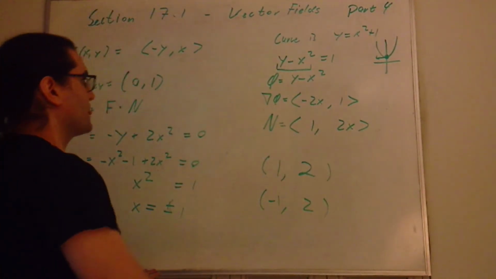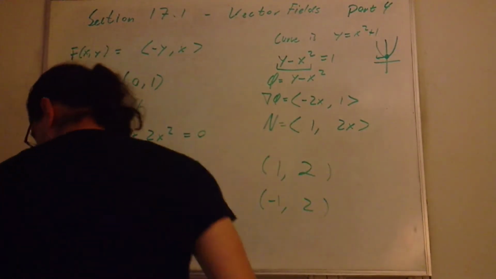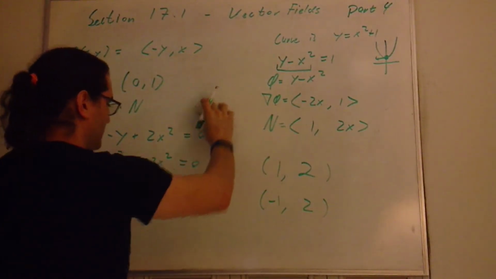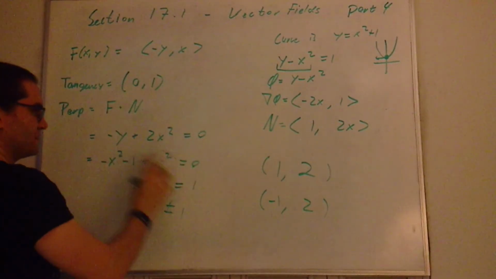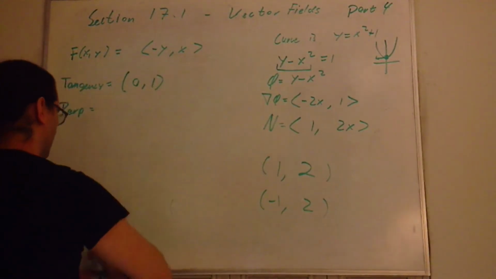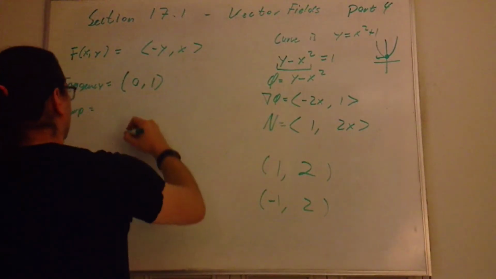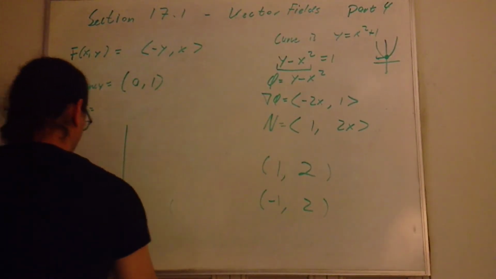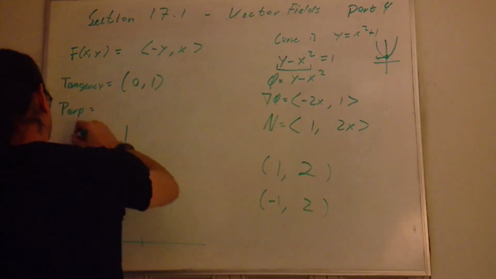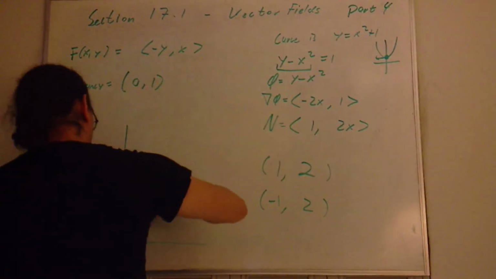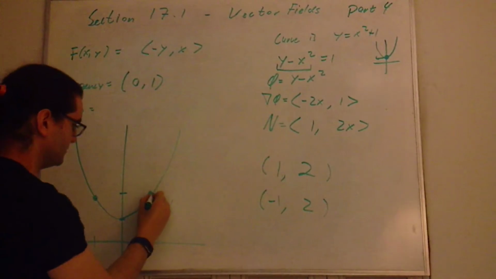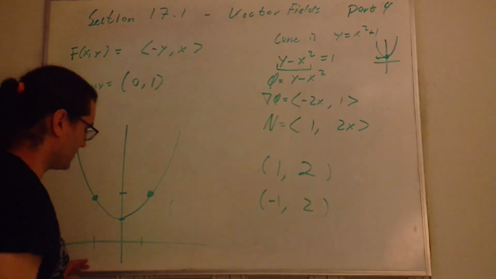Apparently, I've lost my opportunity to draw this thing big. So, I'm going to clear out this algebra work so I can draw a picture. Okay, these are the 2 points in question. 1, 2, negative 1, 2.